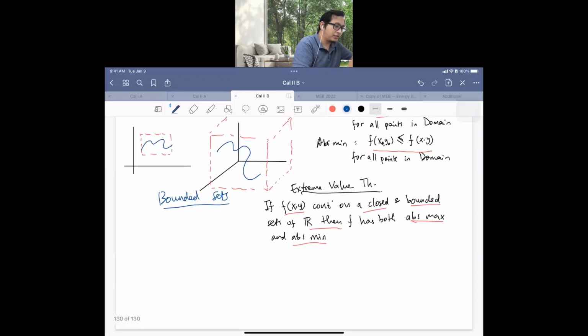And from here we can also look at the Fermat theorem. If you still remember the Fermat theorem in calculus 1, it's about the local extreme value.